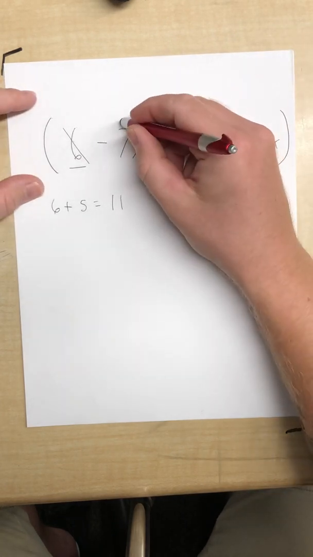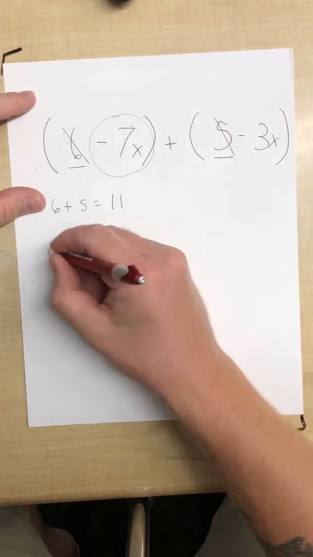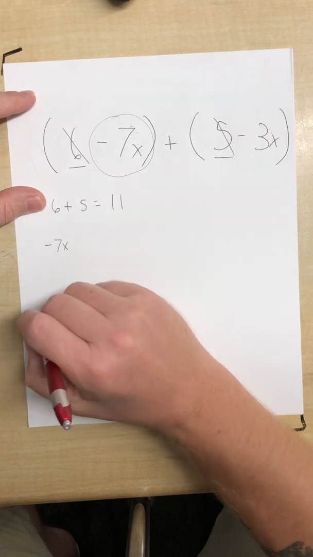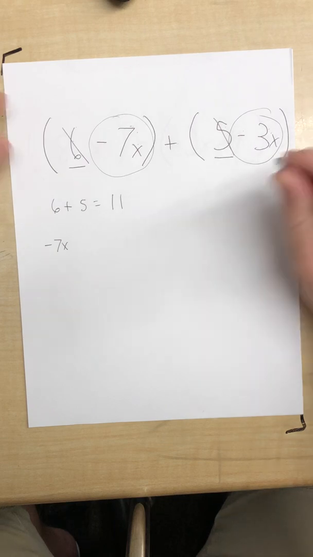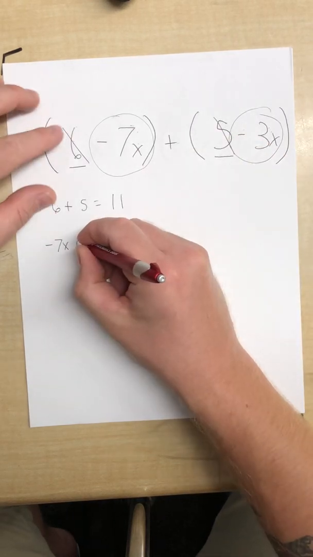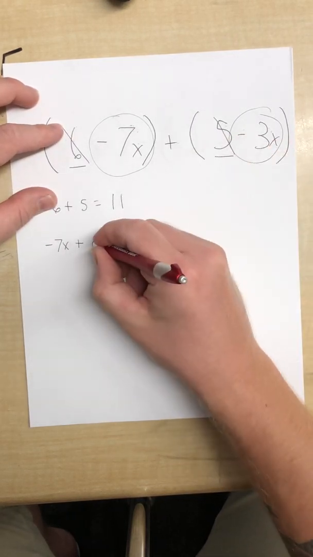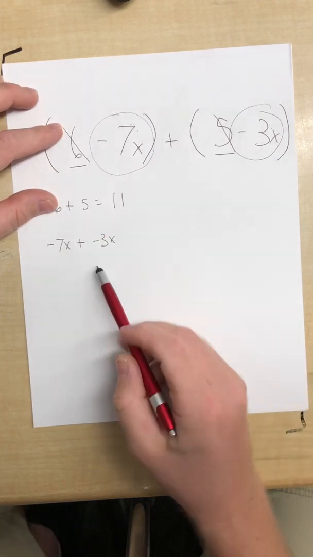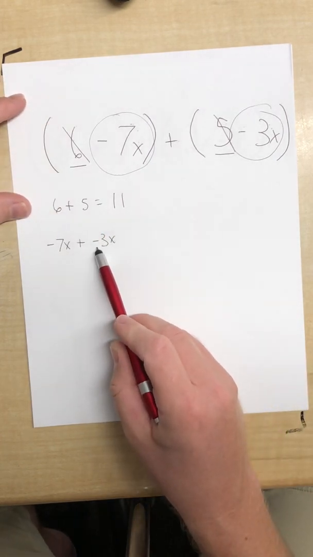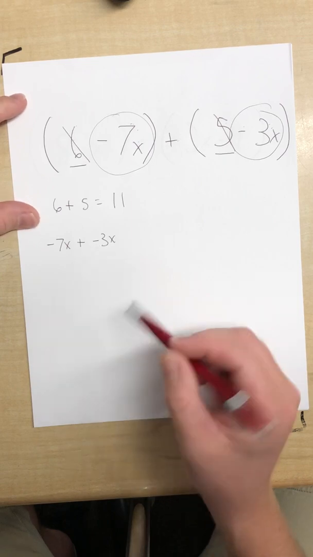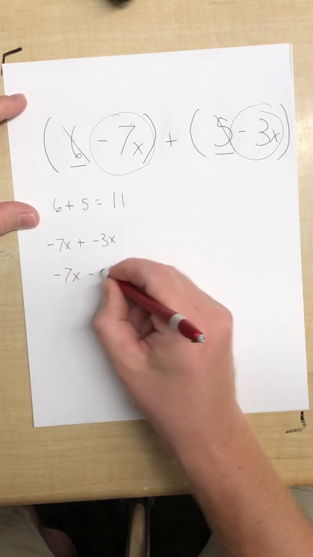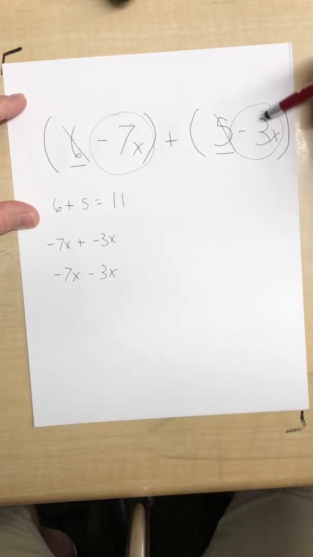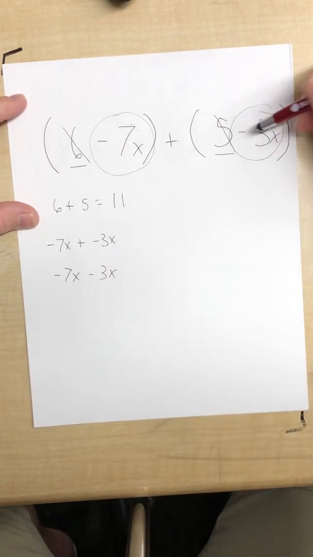My next terms: I have a minus 7x, so that's a negative 7x, and a negative 3x. So I'm going to write this out. If I technically drop down the plus sign and then a minus 3x, is that minus sign going to cancel out? It's not, because it's not 2 negatives. So I can easily rewrite that as negative 7x minus 3x, which makes sense because right when we started, we said that minus sign is not going to cancel out.